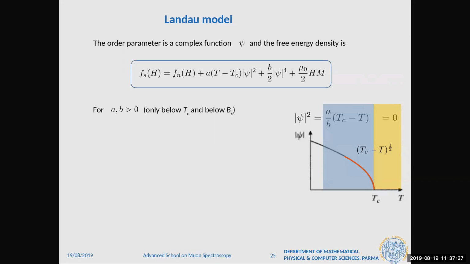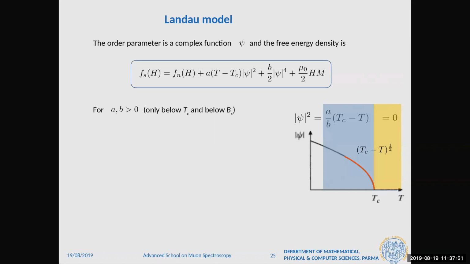It comes in the even powers because there's no difference between having the order parameter in one direction and the opposite in the generic case, apart from very special ones. Then there is a term that is connected with magnetic energy.